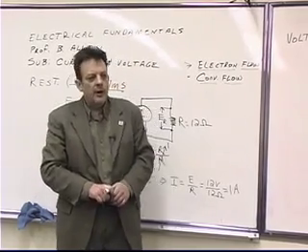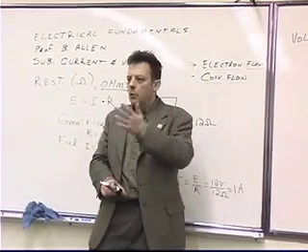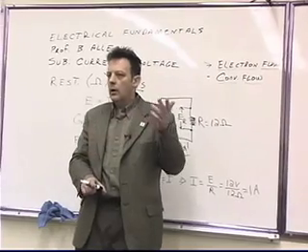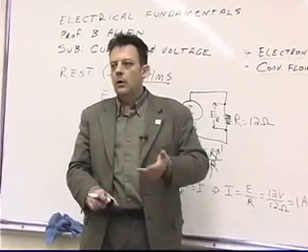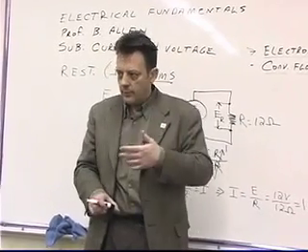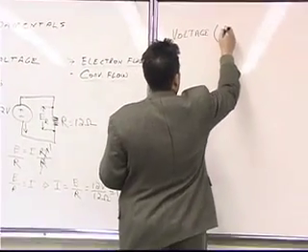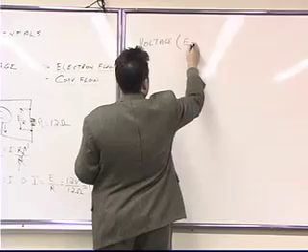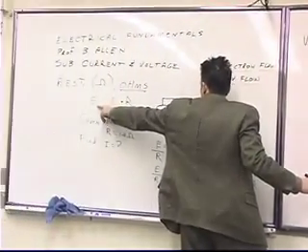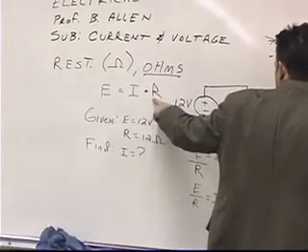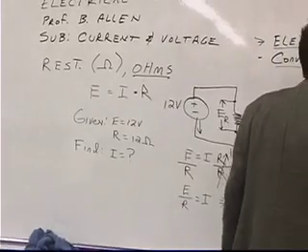The reason I want to emphasize this early is because depending on what book you read, what article you look at, who you listen to, they may use one or the other. The two letters that are used to describe voltage are E, which we saw over here in our formula, voltage equals current times resistance. That's the simplest formula for Ohm's law.